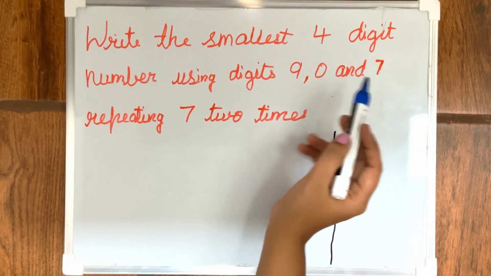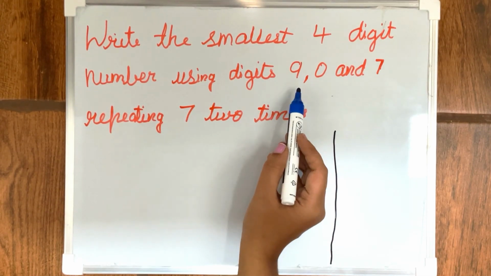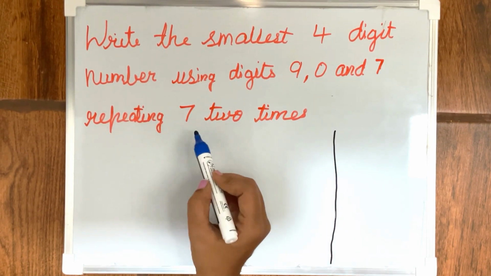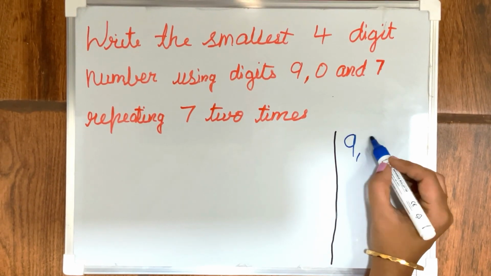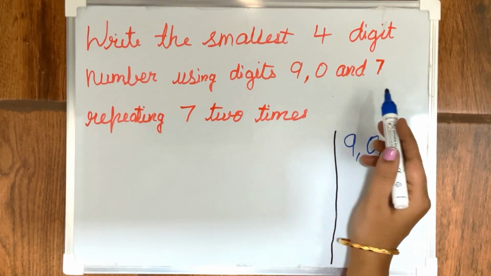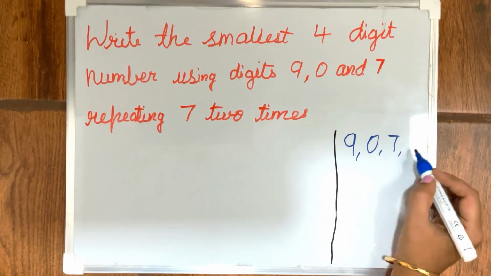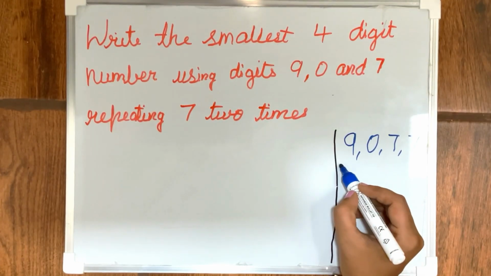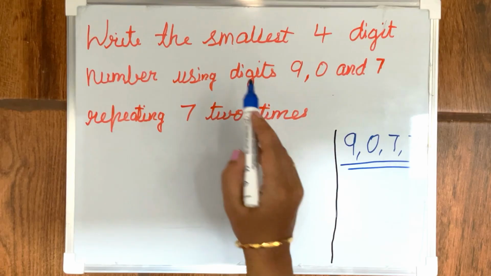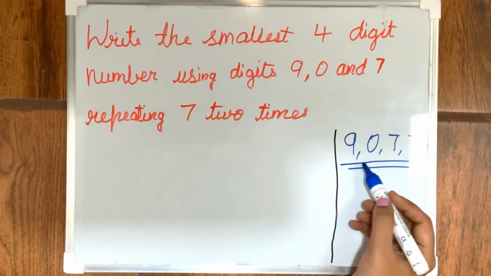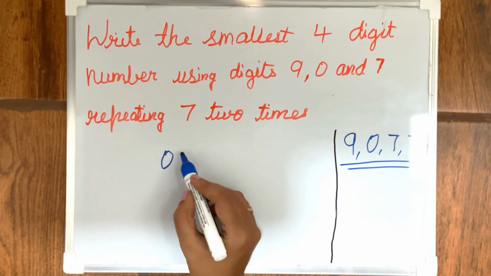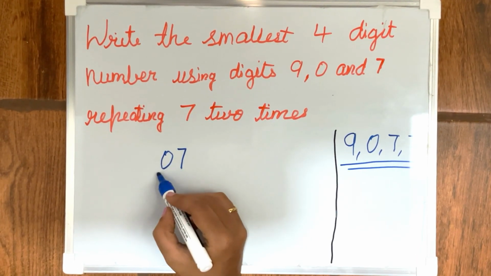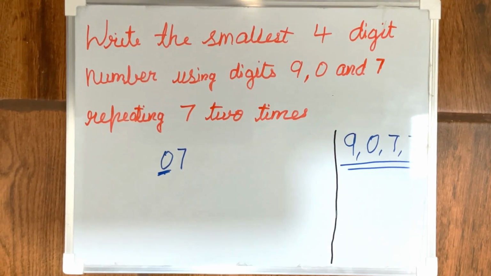Write the smallest 4-digit number using digits 9, 0 and 7, repeating 7 two times. So by using these digits, we have to form the smallest 4-digit number. Among these, the smallest is 0. But if we put 0 first, 0 will not have any value.